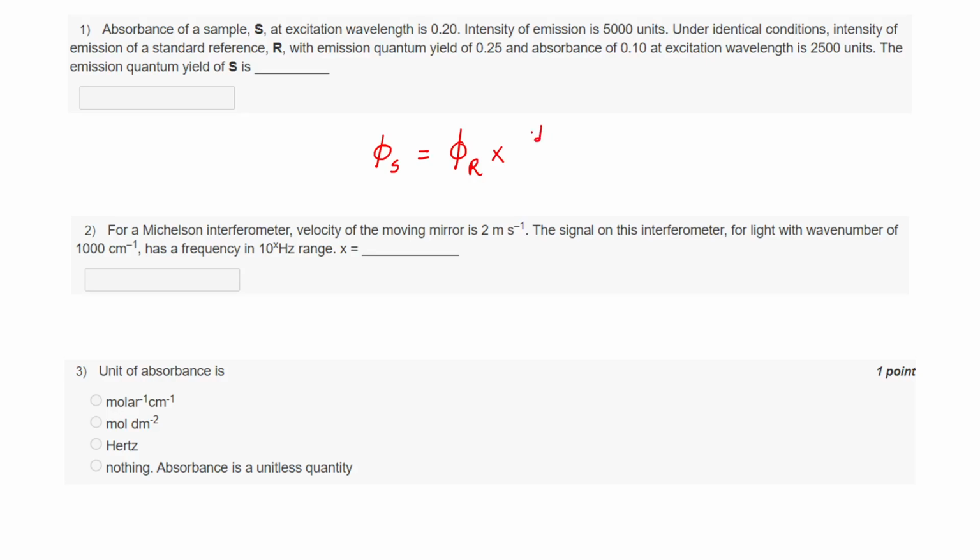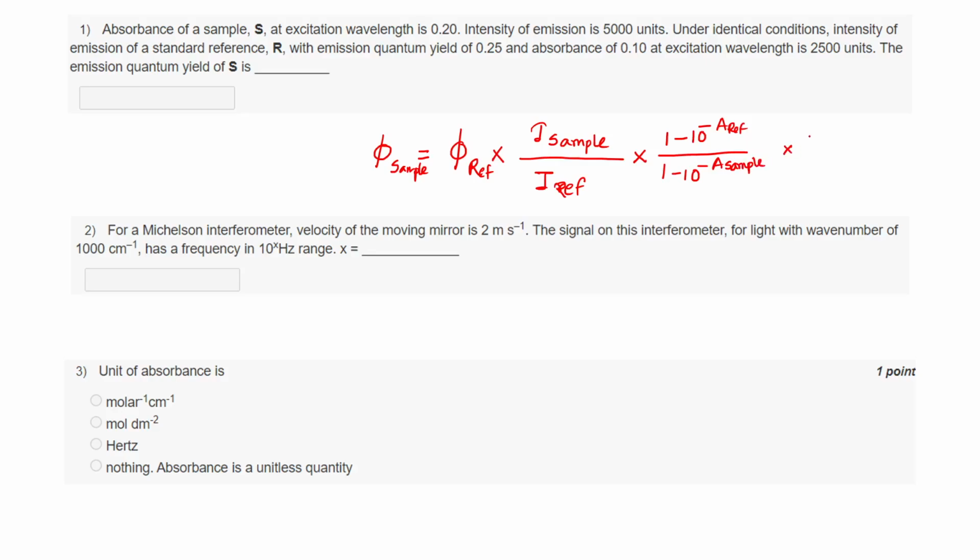So first, let me write phi sample. This is the reference, then I of reference. Then we have the absorbance correction term, which appears like this: 1 minus 10 to the power minus absorbance of reference, over 1 minus 10 to the power minus absorbance of sample.